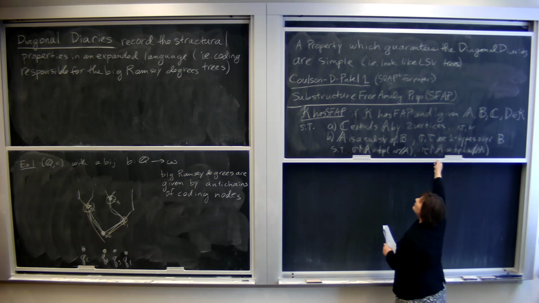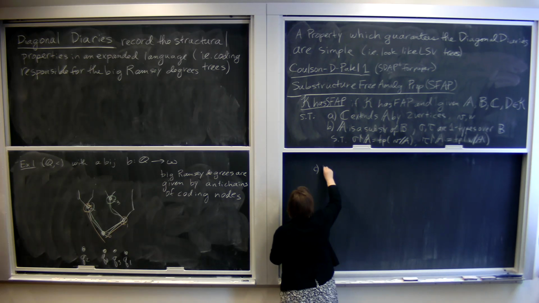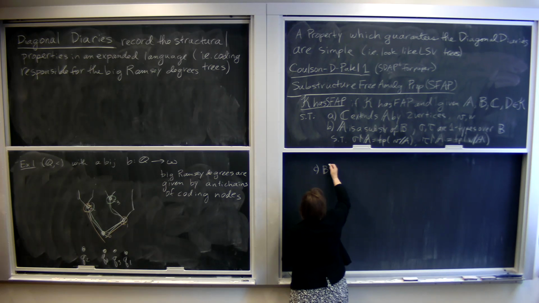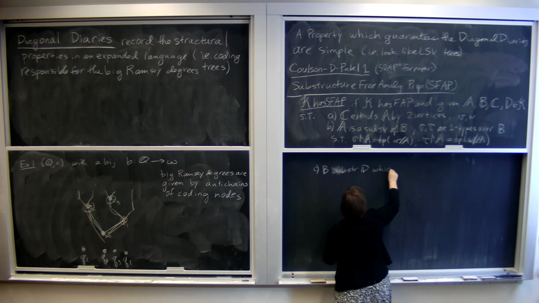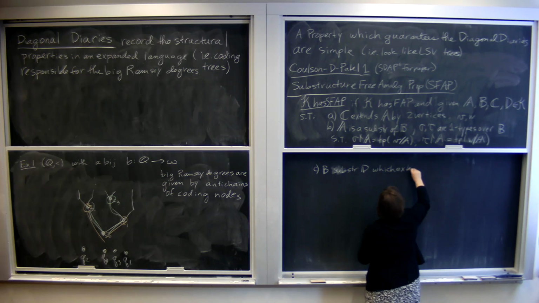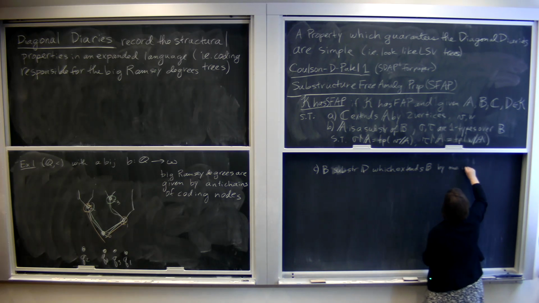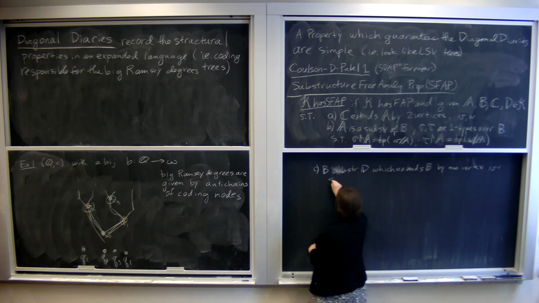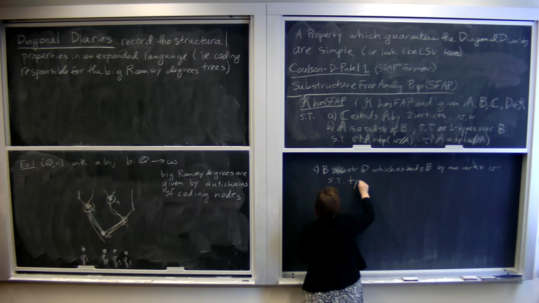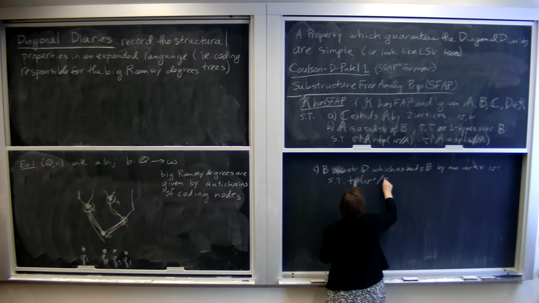And just keep going here. B is a substructure of D, which extends B by 1 vertex, call it V prime, so that the 1 type of V prime over B is exactly sigma.